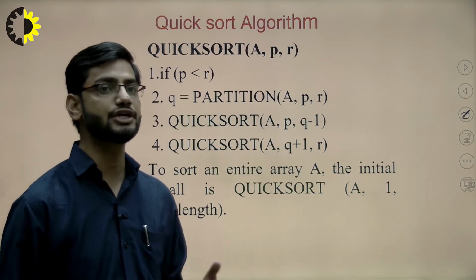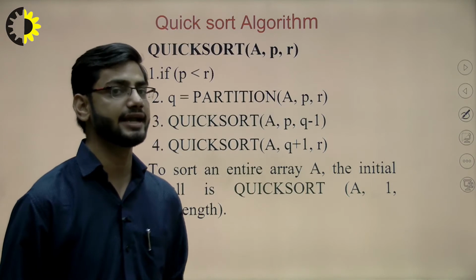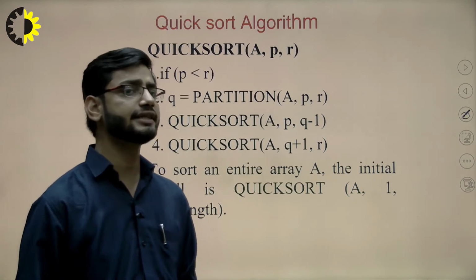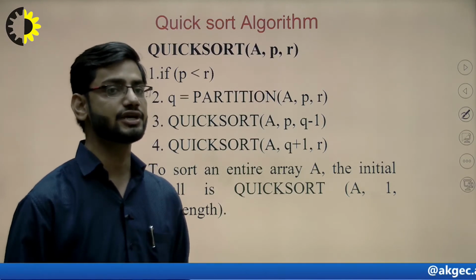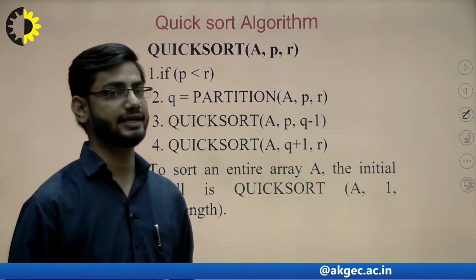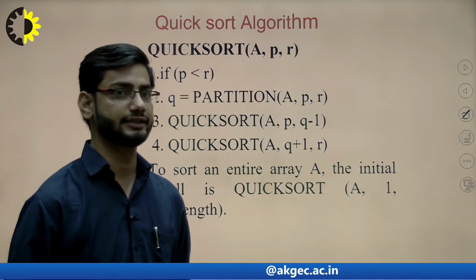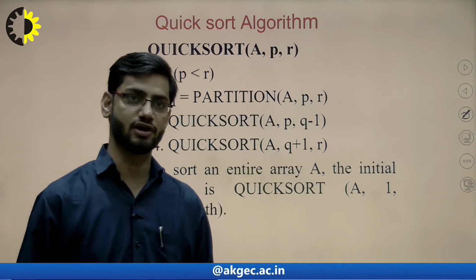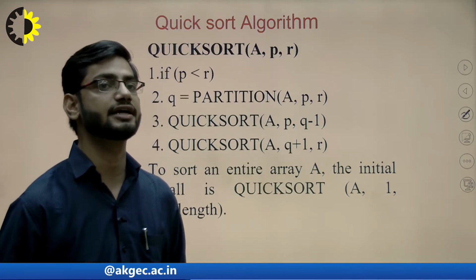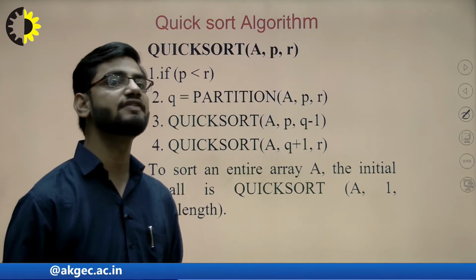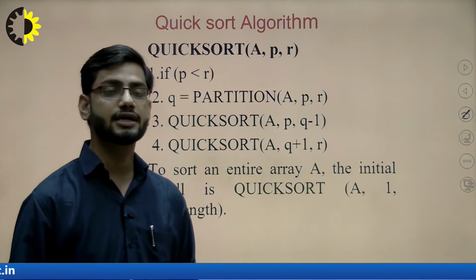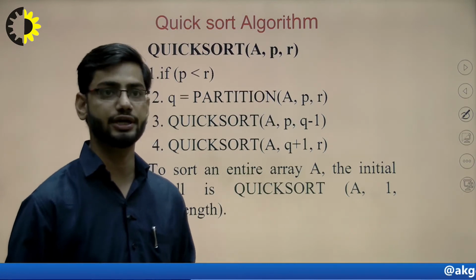The first half is p to q minus 1 and the second half is q plus 1 to r. To sort the entire array A, the initial call is quicksort A, with starting index 1 and ending index A dot length. So this is the recursive algorithm for quicksort, which uses one nested procedure, that is the partition procedure. We will discuss the working of the partition procedure and the need of the partitioning procedure in quicksort.